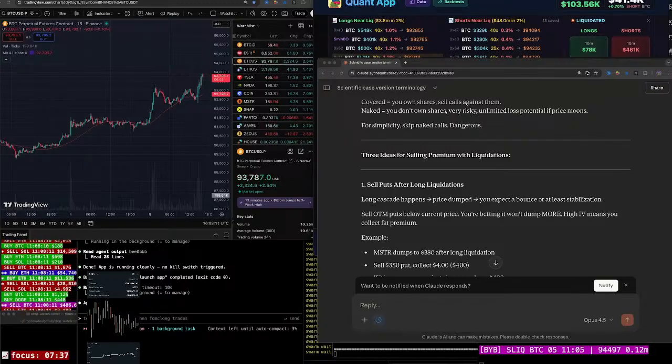So selling puts, never calls. Unlimited risk. Selling puts, you collect the money up front, but if price drops below your strike, you've got to buy them.